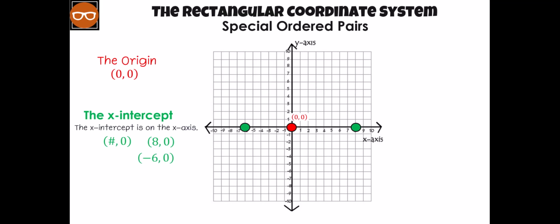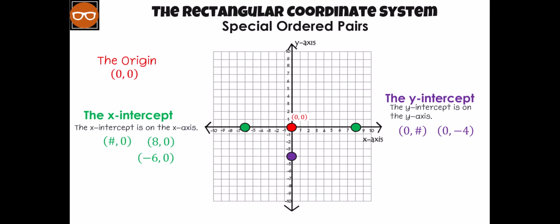It doesn't go anywhere. And yes, if we have an x-intercept, we have a y-intercept. The y-intercept is on the y-axis. The y-intercept is always 0 for x and then some number for y. Let me give you an example. 0, -4. We don't go anywhere on the x-axis, but we go down to -4 on the y.